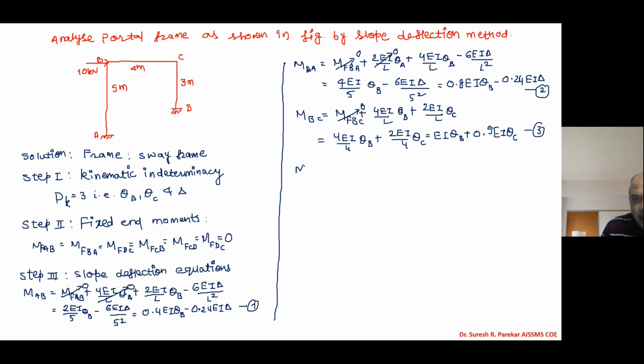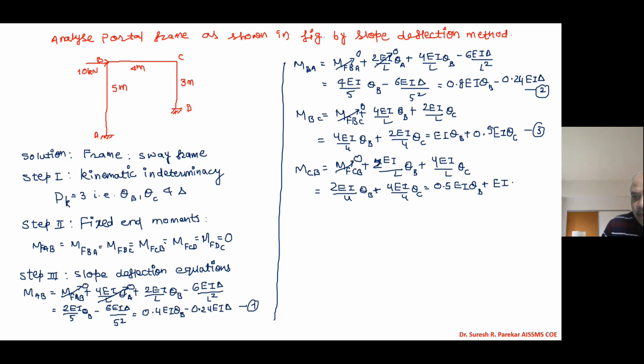Then we have MCB, MFCB plus 2 EI upon L theta B plus 4 EI upon L theta C. MFCB is 0, so 2 EI upon 4 theta B plus 4 EI upon 4 theta C equal to 0.5 EI theta B plus EI theta C, which is equation number 4.